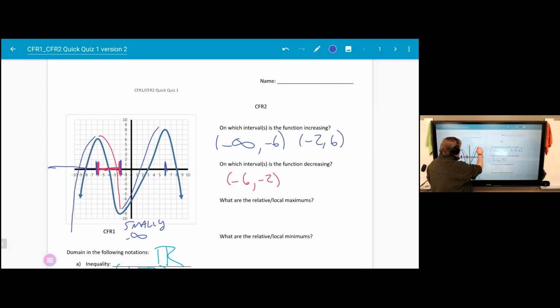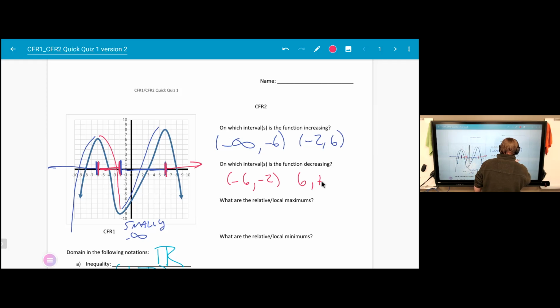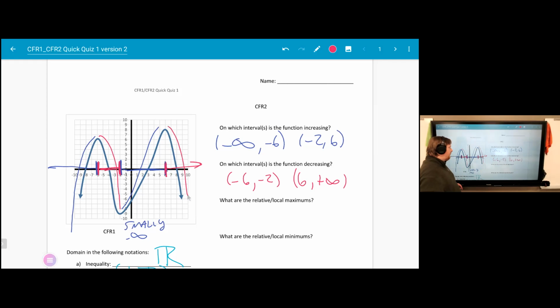And then from here, it starts decreasing again for the rest of the function. So from 6 until positive infinity, it is decreasing. All right, that's like this.